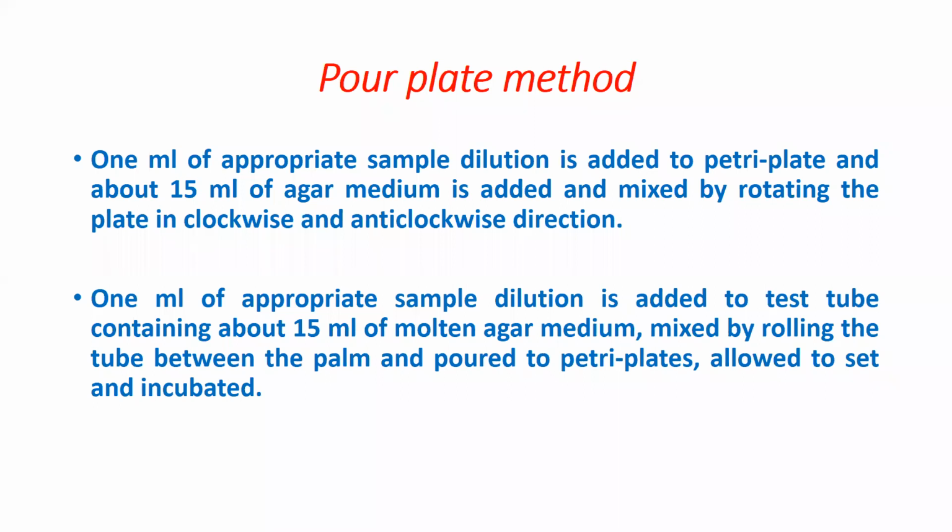After mixing properly, we pour it into the Petri plates. After pouring, we allow it to set, that is solidification. Once solidification is over, we keep the plates in the incubator for some duration, for example 18 to 24 hours, then take out the plates and count the colonies. That is the pour plate method.